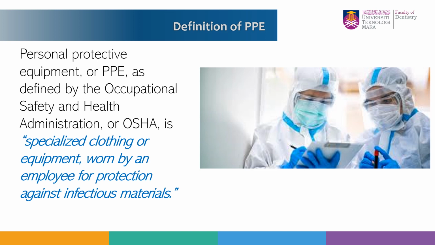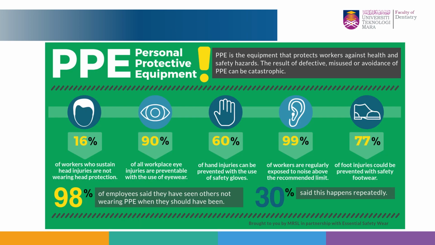This is looking at the health sector, but for the other sectors, the definition would be slightly different, not just protecting them from the infectious materials, but from other hazards. So this is just an introduction to the PPE.